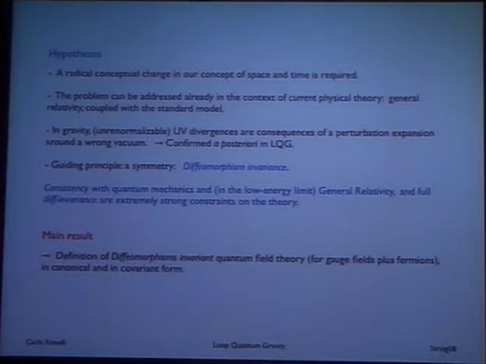The difficulty here is to find one theory that has this property, not to find which theory has this property. So for the moment, the problem is finding one. The main result, which I hope to illustrate, is the definition of a theory, or more precisely a framework for defining theories, both in the canonical and in the covariant form, a quantum field theory that has the property of being invariant under diffeomorphism.